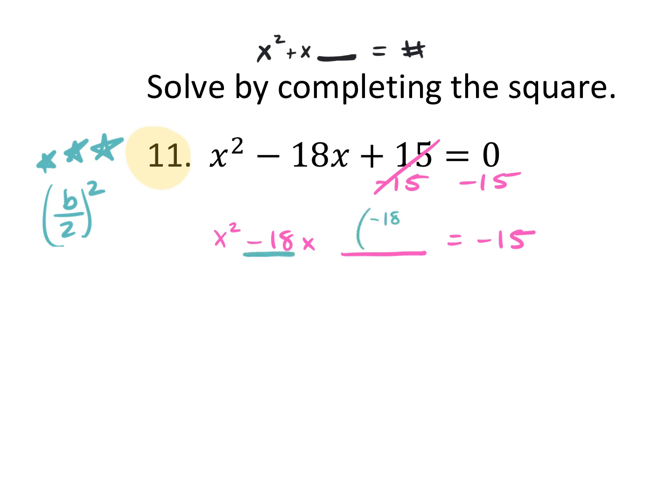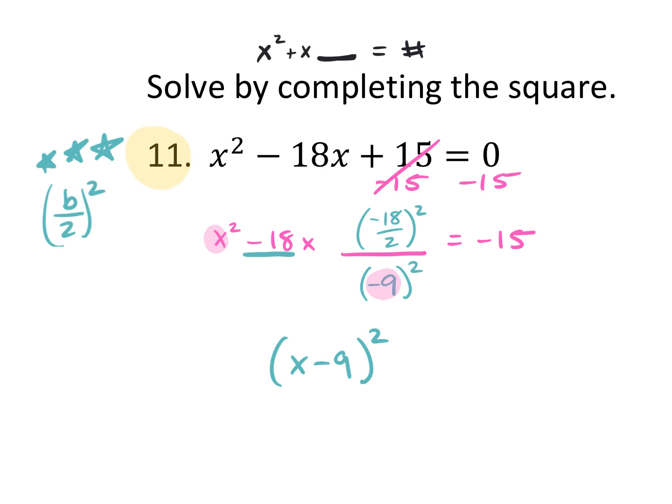So we have -18 over 2 squared. -18 over 2 simplifies to -9. So what's going to go into our parentheses squared? Awesome. x minus 9. Since it's -9, we're going to put x minus 9. So the two things that are squared on the left side go into the parentheses squared.